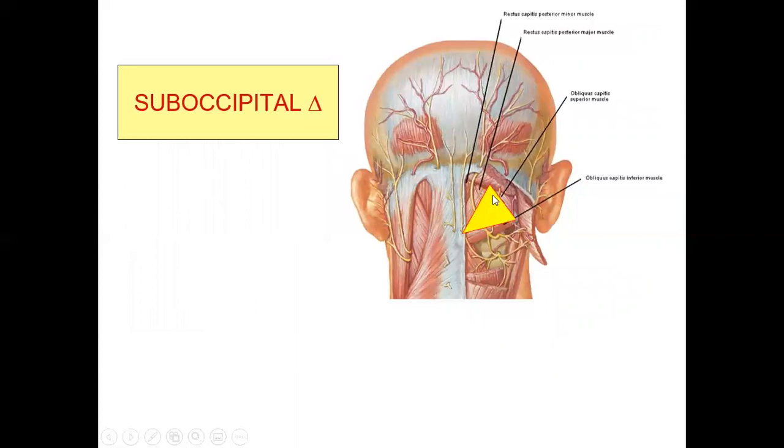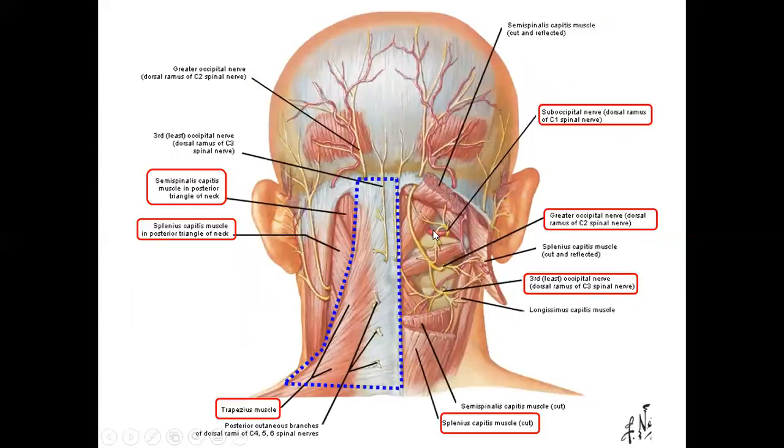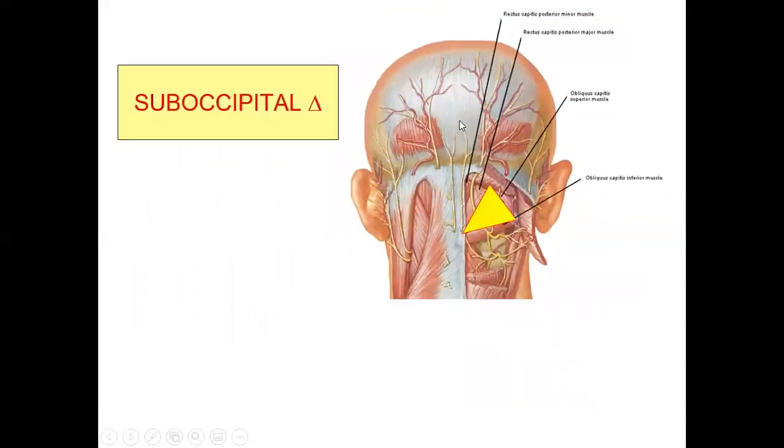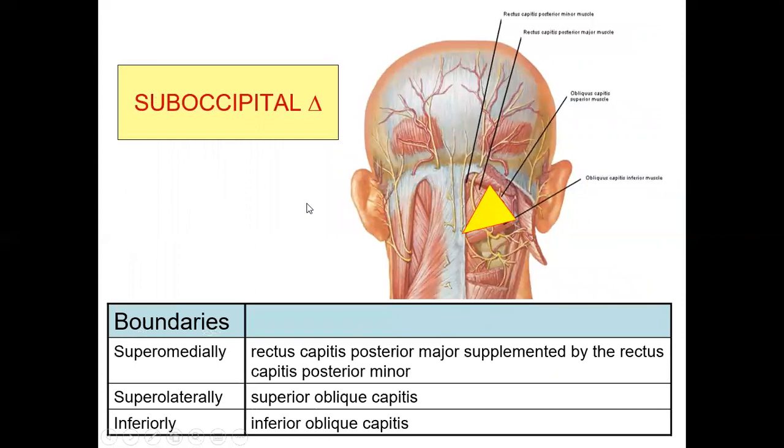And then just now I mentioned that there is a suboccipital triangle in the posterior cervical neck region. For the boundary of this suboccipital triangle, superomedially, it is bounded by the rectus capitis posterior major muscle, supplemented by the rectus capitis posterior minor muscle.